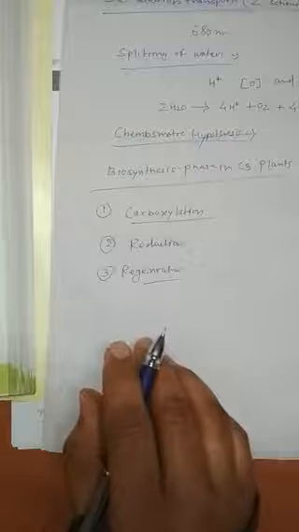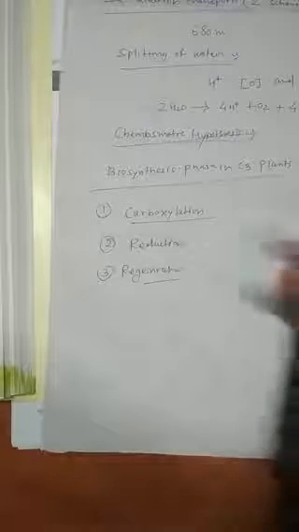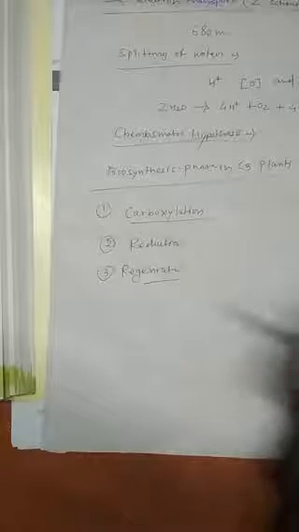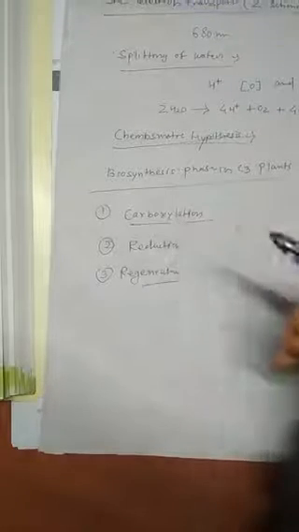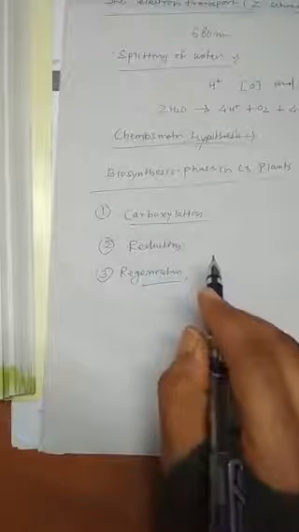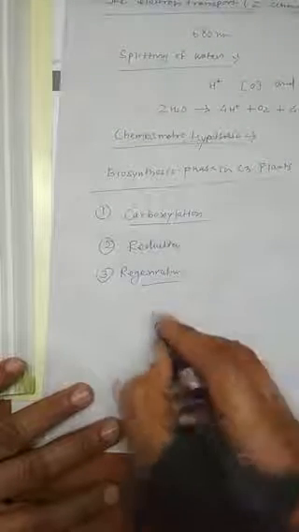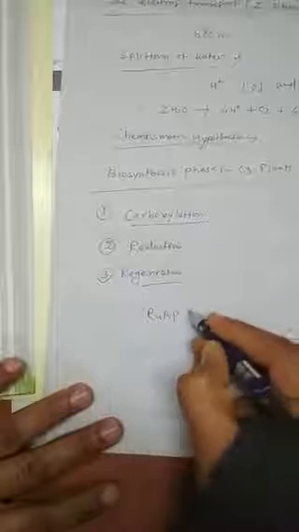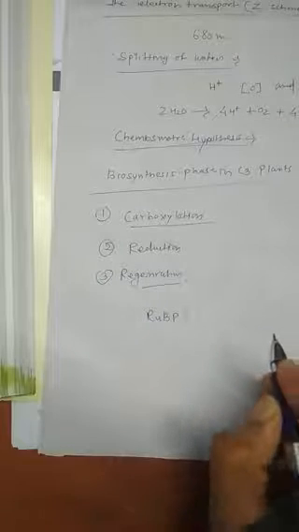Okay. Now ATP and NADPH, the products of the light reaction, are used in the synthesis of food. The first CO2 fixation product in C3 plants is 3-phosphoglyceric acid, or PGA. The CO2 acceptor molecule is RuBP, full form ribulose bisphosphate.